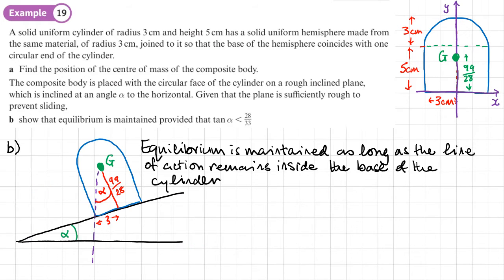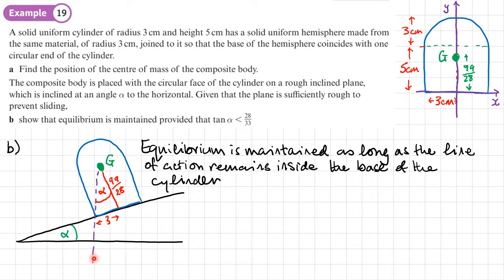So here's my diagram. The center of mass, which I worked out in the first part, so I know this distance here from the base of the cylinder. I know that this angle here is the same as the angle of the incline of the plane. We talked about that before. And I've drawn the line of action, this vertical line that goes straight down from the center of mass, going right through the corner of the shape.